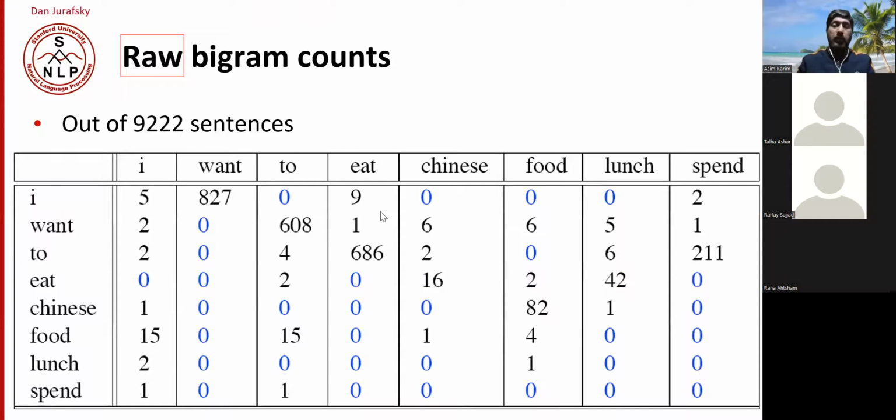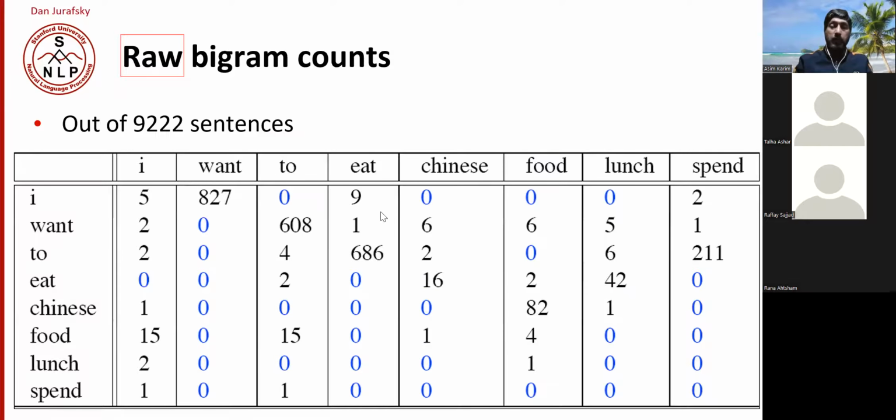You will be counting the occurrences of 2 words in a sequence, and you can represent those counts in a 2D matrix. The vertical axis represents the first word, and the horizontal axis represents the second word. Each cell gives you the number of times that word pair occurs in the corpus. So given any corpus, you can fill this 2D matrix, which is the raw bigram count.